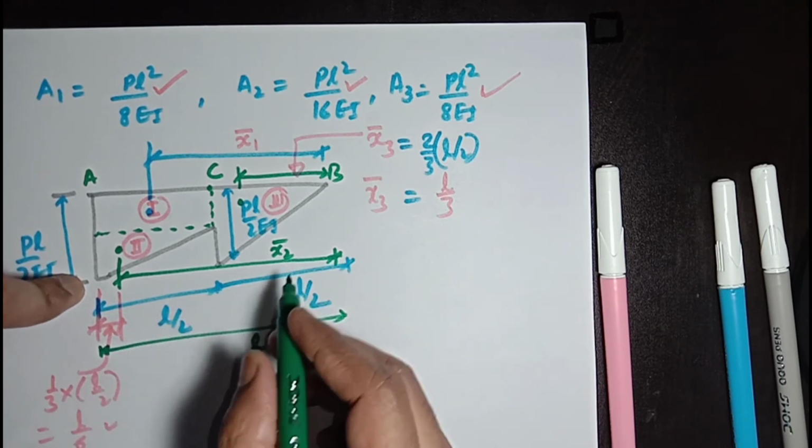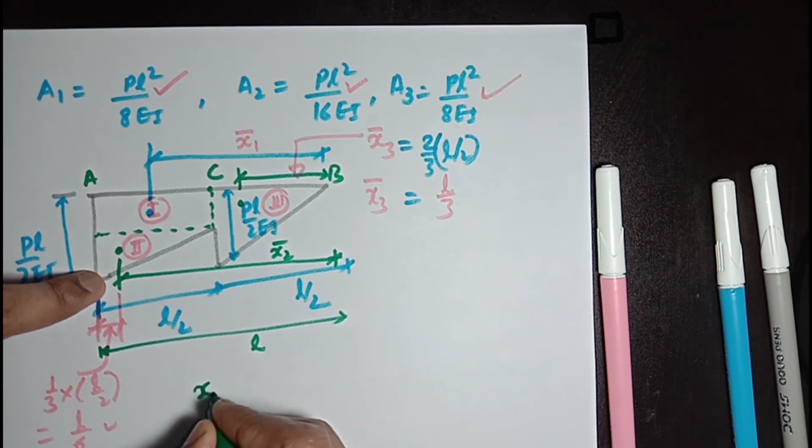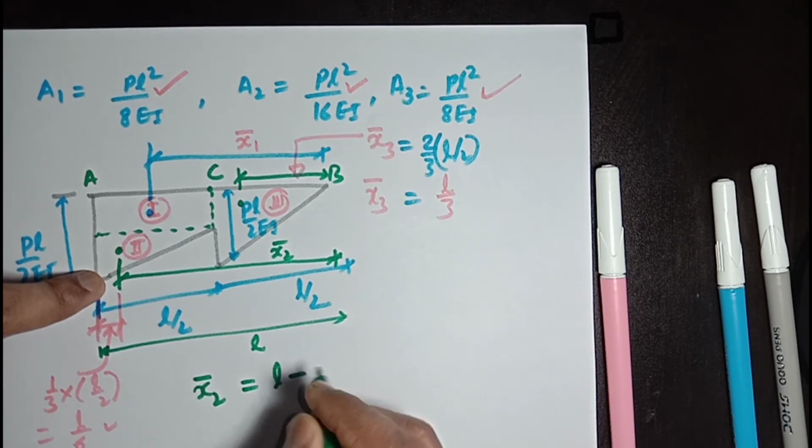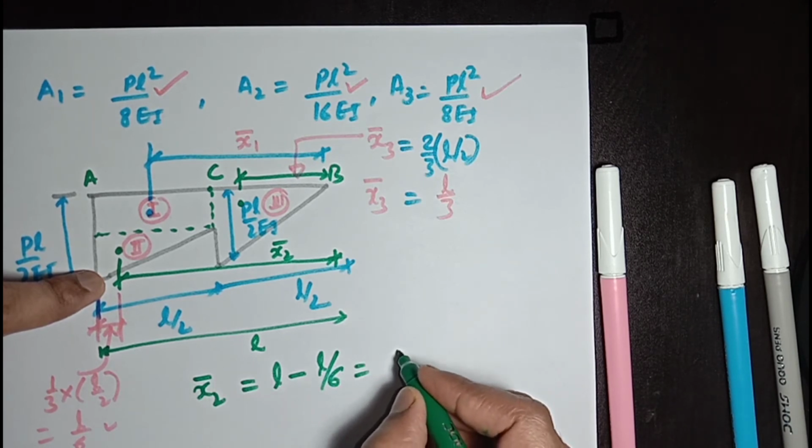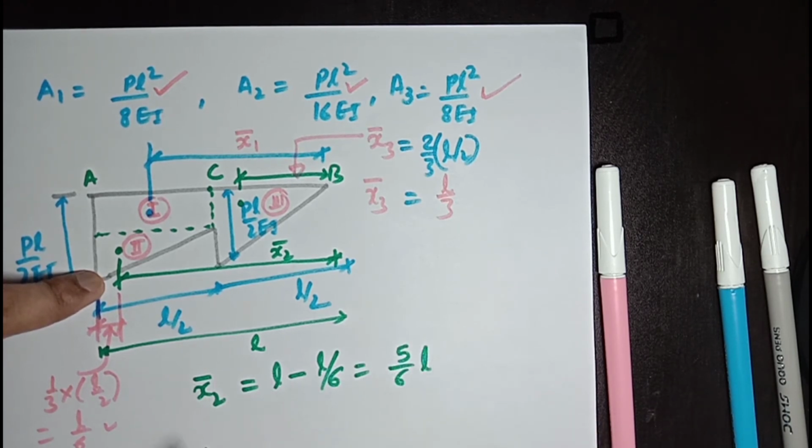So x2 bar will be L minus L by 6, so 6 minus 1 is 5, divided by 6, that is 5 by 6 L. This is x2 bar.